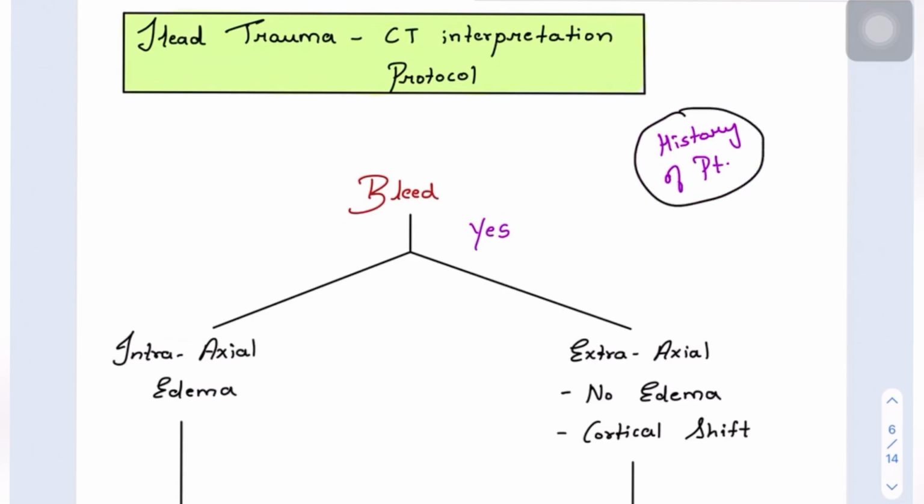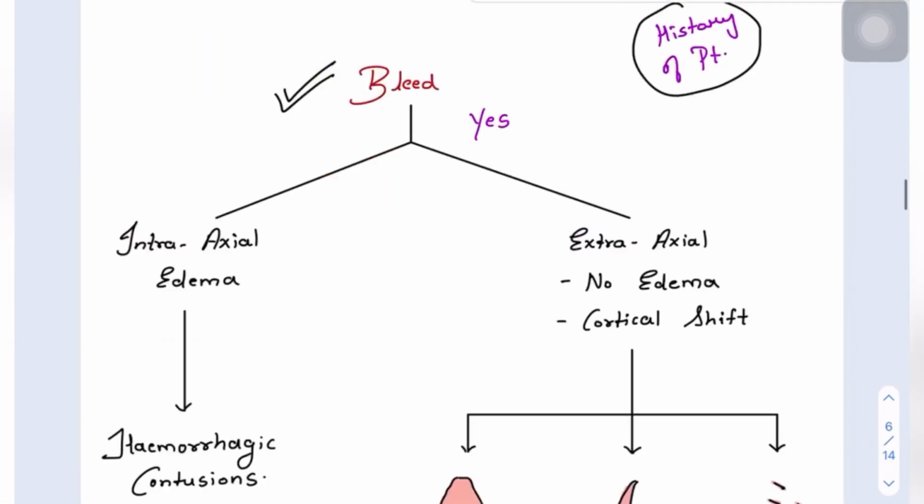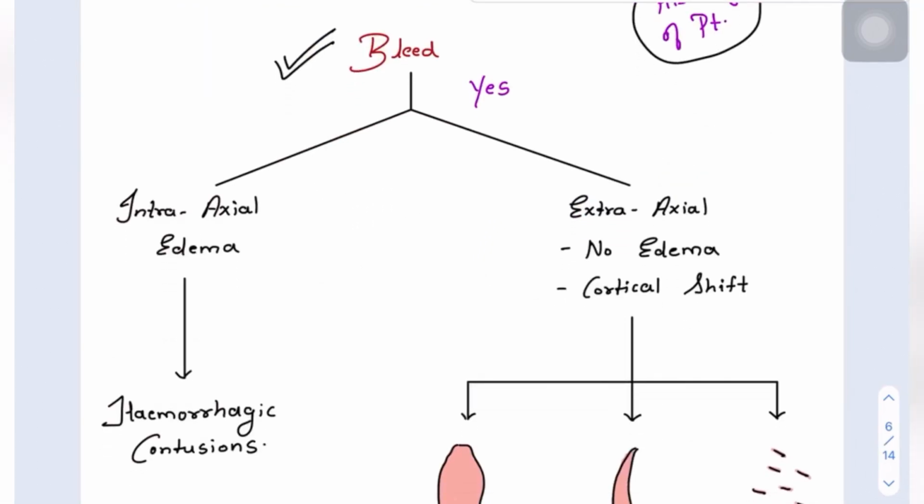If you get the history of the patient and if you get the CT scan, you have to check for bleed. If bleeding is present on CT scan, then divide it and try to judge whether it is intraaxial or extraaxial.